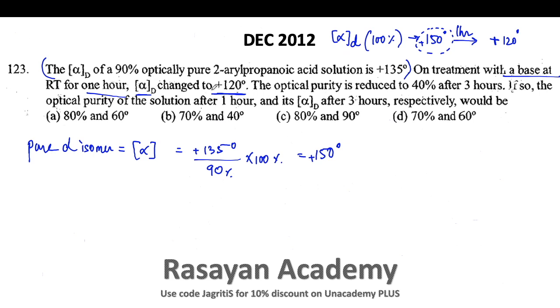So on treating with the base after 1 hour, it is 120 degrees. Let's find out the optical purity. So that will be alpha mix divided by alpha pure. All right, that is going to be 120 divided by 150 into 100%.